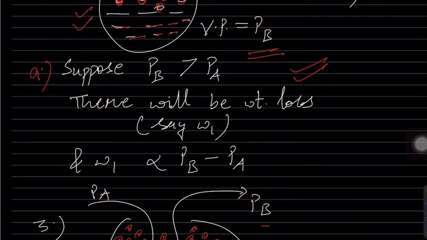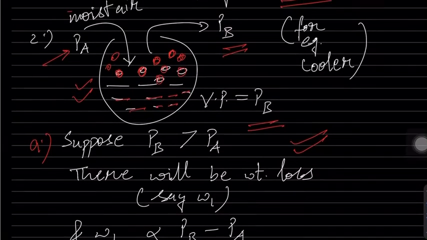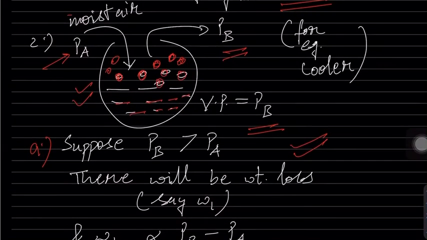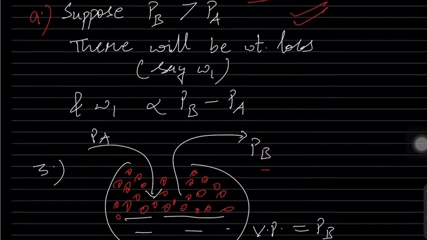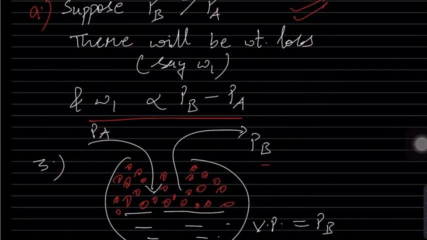Let us say PB greater than PA, it means it has taken more vapors. From where has it taken vapors? From the container. So it means the container has lesser weight. That weight loss will be directly proportional to PB minus PA.